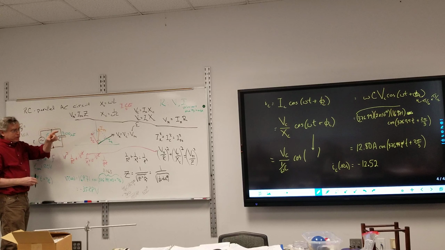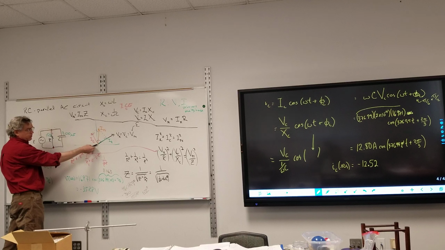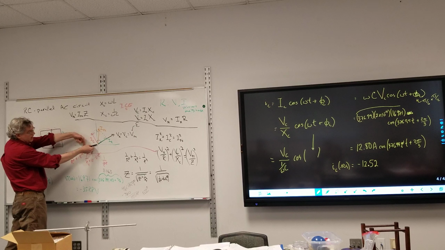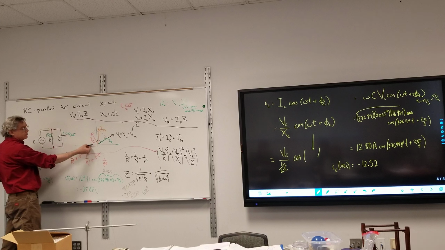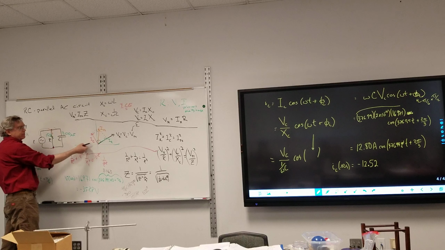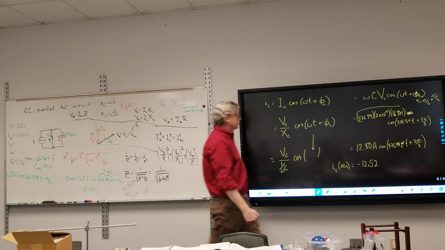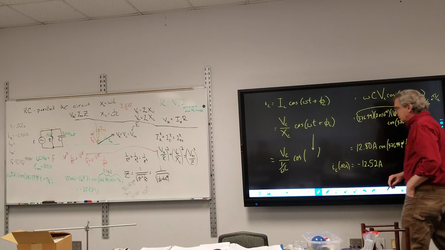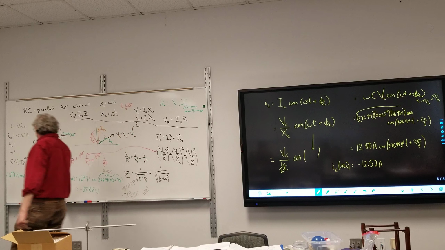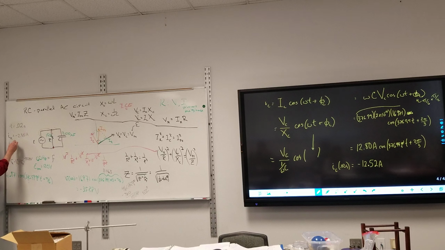So my current phasor for the capacitor is down here in the third quadrant. The actual value at a specific time is the projection onto the x-axis, so I would expect it to be negative and close to that maximum negative value. So, negative 12.52 amperes.